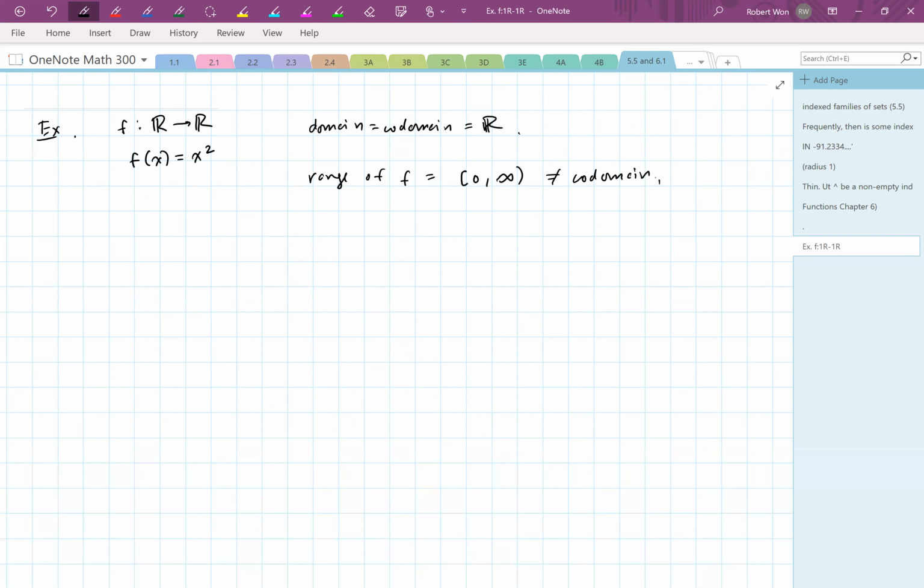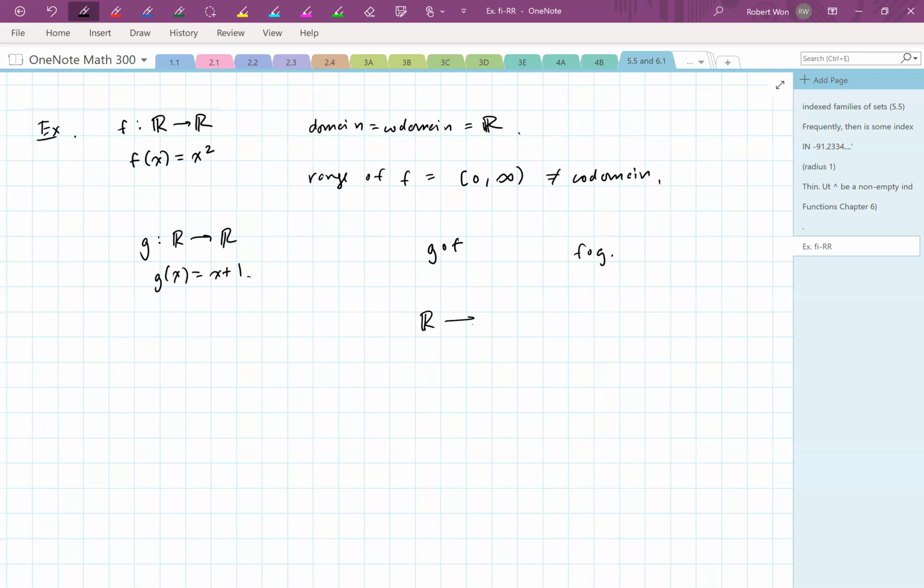Like in calculus, you studied functions from the reals to the reals, which meant that, for example, you could compose functions, right? So if g was a function from the reals to the reals that added 1, it made sense to talk about g of f. And it made sense to talk about f of g, because f and g were both functions from the reals to the reals.